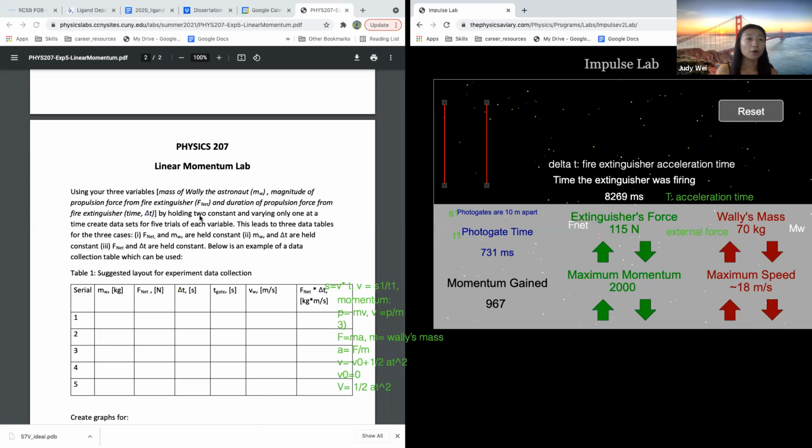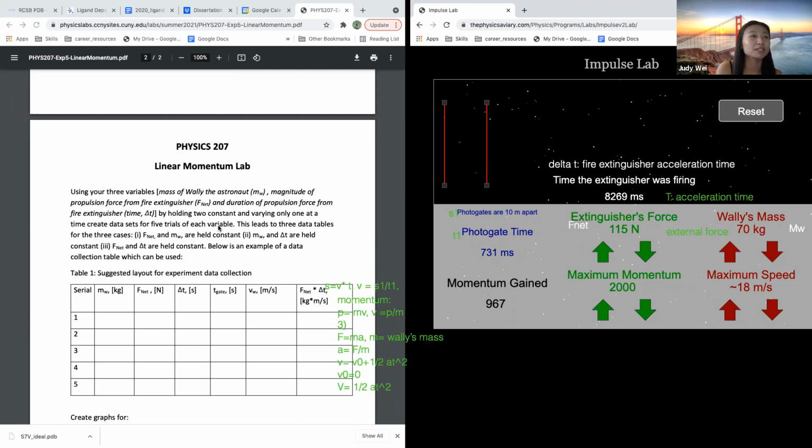Then it says by holding 2 constants and varying only one at a time, create a data set of 5 trials for each variable. So basically you have these 3 variables, and you change one of them and keep the other 2 constant, then you create a table.